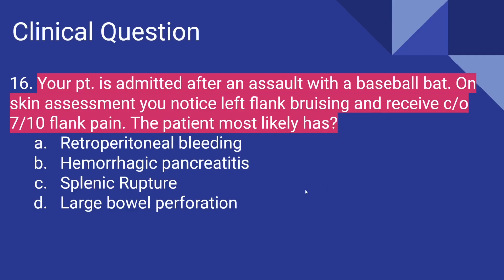Now, in this question, you hit that left flank, and they may give you a more specific question, maybe looking for splenic rupture. But they could throw in this word flank pain instead of left shoulder pain, and that might throw you off, thinking they are trying to get you to think about deferred pain.